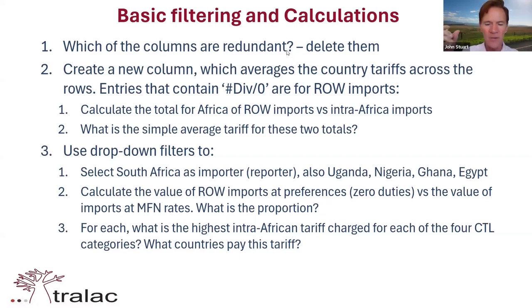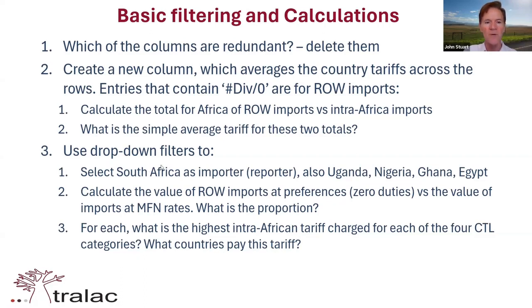Okay, the Nomen column, we don't need that. The year column, we don't need that because it's all 2015. We created a new column. All right, so we ignore point 2 because I've got different results, and I'm not happy about that, and so it's not important. Then we use drop-down filters to just look at some of the data.